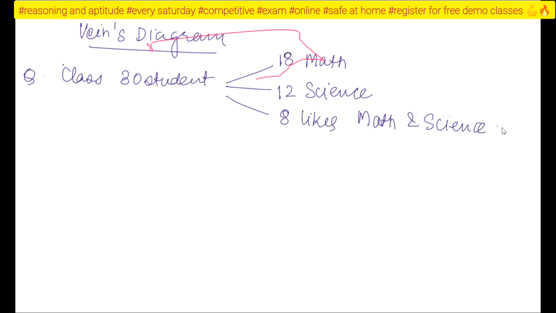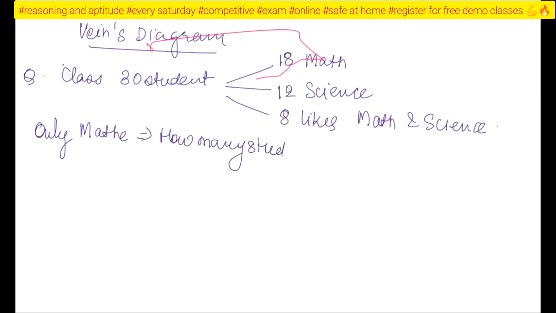Now they are asking how many students like only mathematics. Only maths. How can you answer this? Only maths means they are saying like math, but it doesn't mean that only maths they are liking.